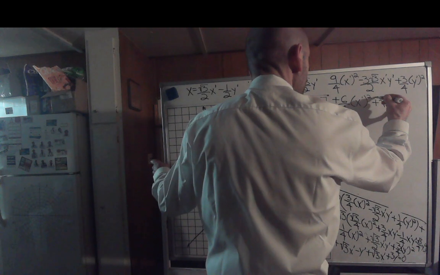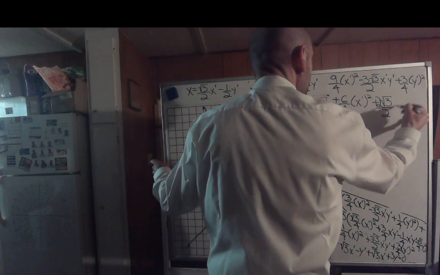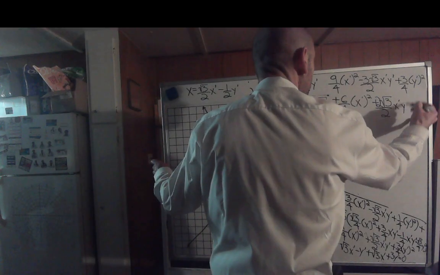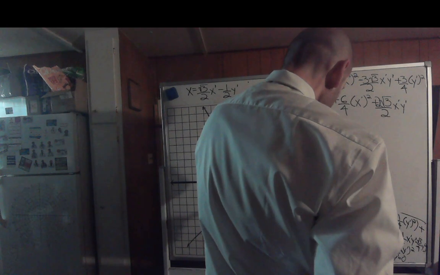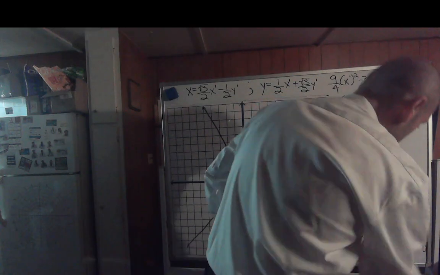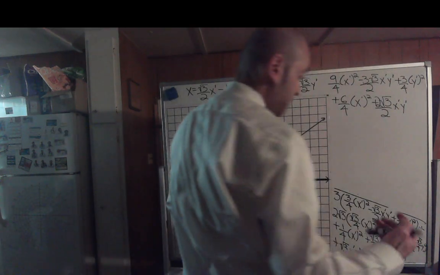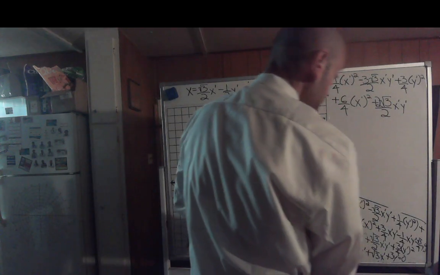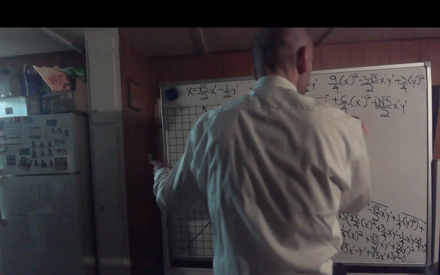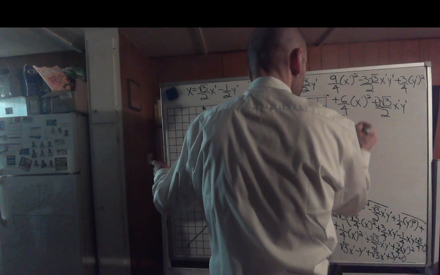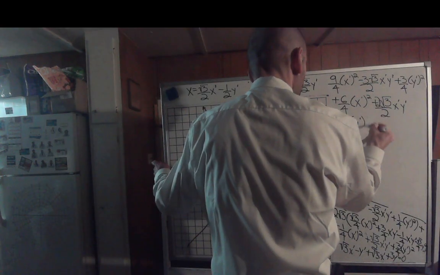Or you could say 2 times the square root of 3 over 2 x prime y prime to make your life a little bit easier. And then 2 times the square root of 3 times the square root of 3 over 4, the negative of that, you get minus 6 over 4 times y prime squared.